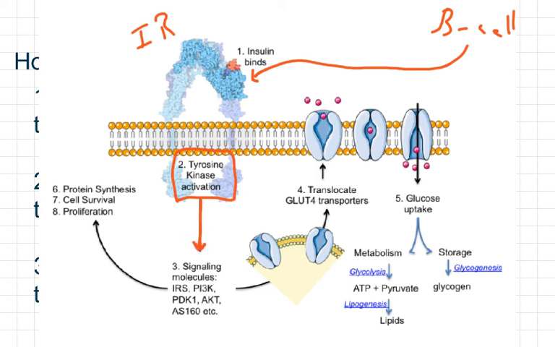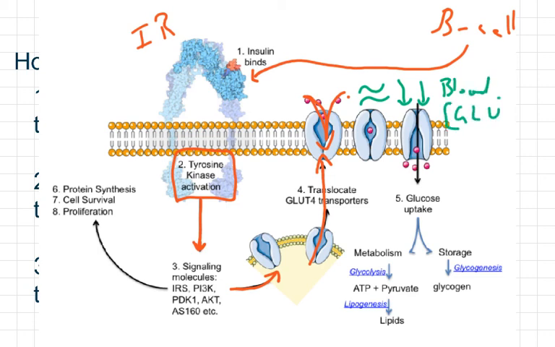This series of secondary messengers activates GLUT4 transporters, which then come to the surface of the cell membrane to passively bring glucose out of the bloodstream. And as glucose comes into the cell, the overall blood sugar levels drop. This is what I want you to take away with this mechanism of action.